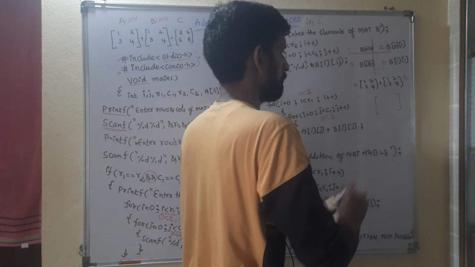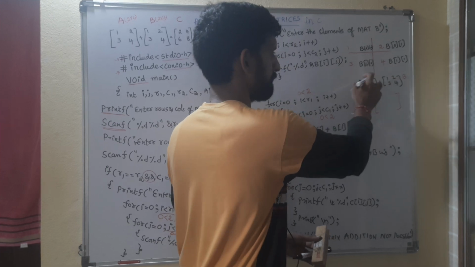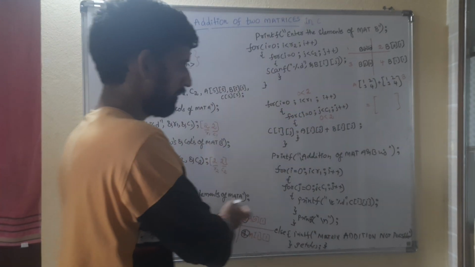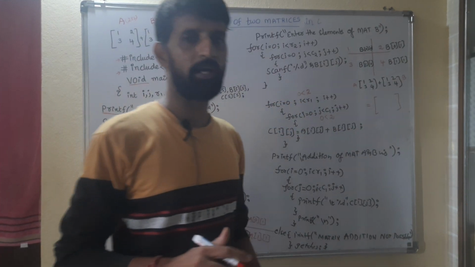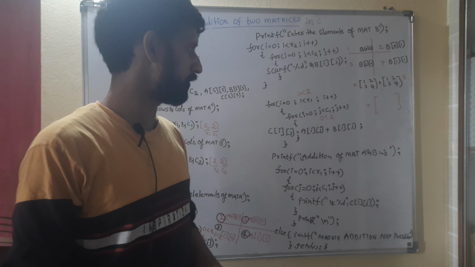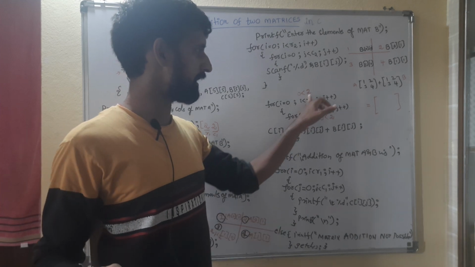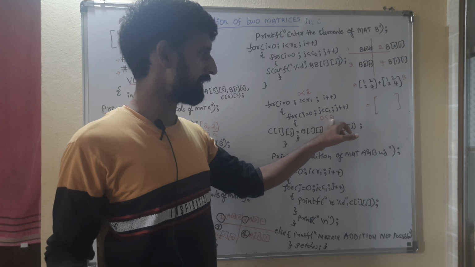Now here the answer for this C of 0 0 is, so we are going to find the value of C matrix. We are going to add 1 plus 1, A of 0 0 is 1 and B of 0 0 is 1. So we are going to add two elements, A of 0 0 and B of 0 0. When I value is 0, less than 2, condition is true. J is 0, less than 2, condition is true.